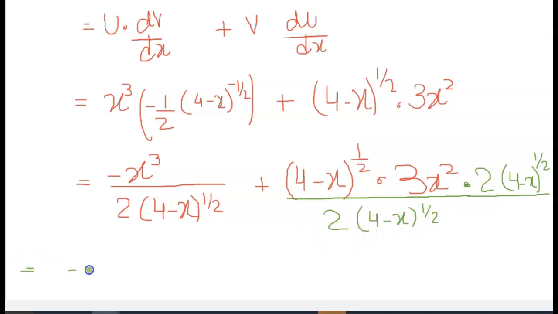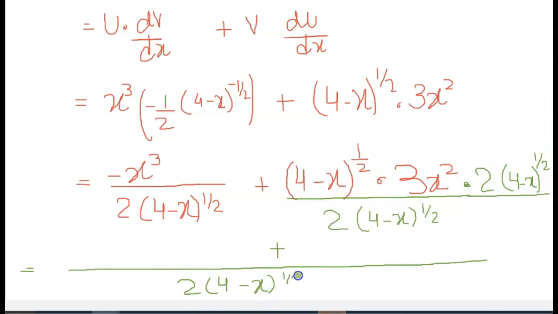Once the denominator is the same, I can draw a big line, and I get 2 bracket 4 minus x. Here I have minus x cubed, and here I need to copy all that bit. Now if you have a look, this is (4 minus x) to the half, and this is also (4 minus x) to the half. According to the rule, these both have exactly the same base, and the power is half.